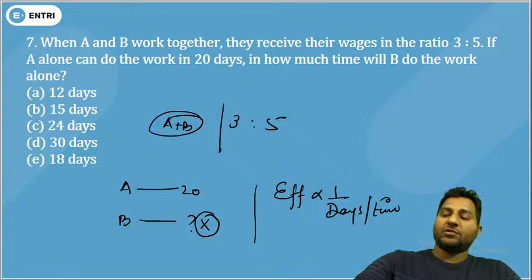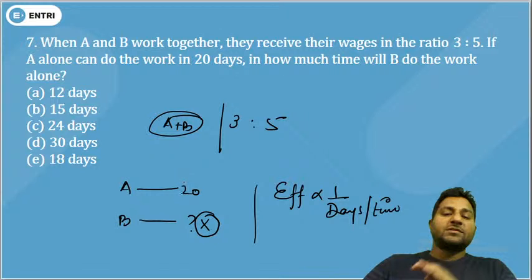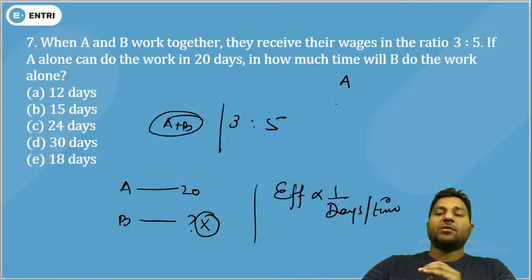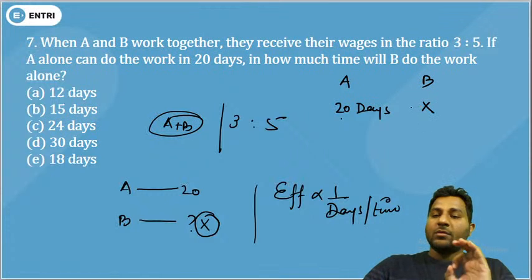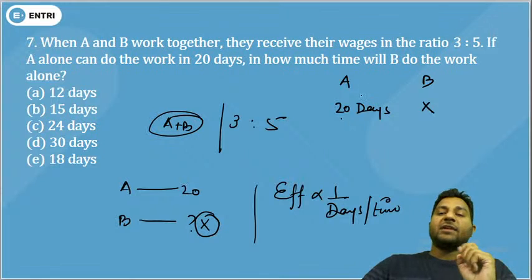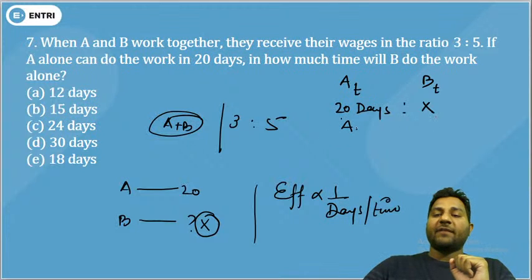Look, you simply know that A took 20 days, B took X days. So their times are in the ratio 20 to X. That means their efficiencies must be in the ratio X to 20.